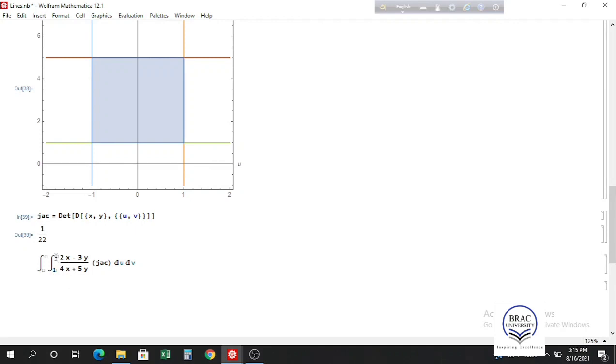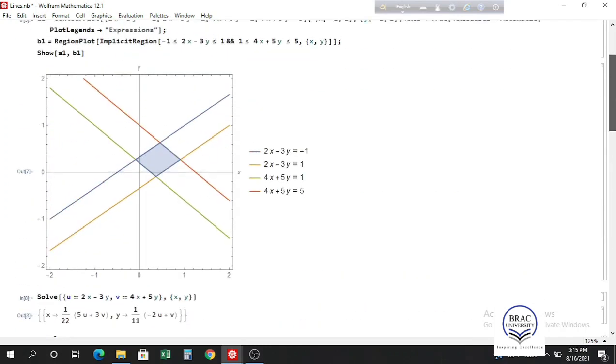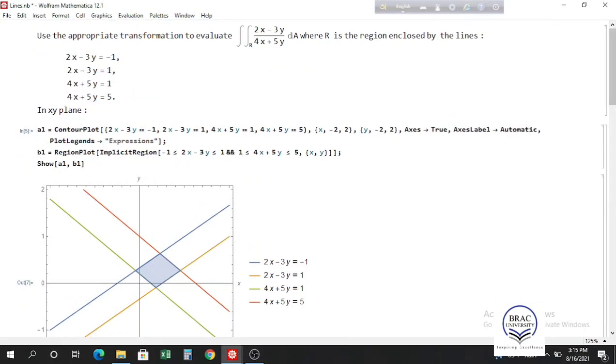So the limit for u is from minus 1 to 1, and v goes from 1 to 5. So if you press shift enter now, we'll get the output. So the result is 0. So we have set an appropriate transformation for this integral and solved this integral using that transformation.